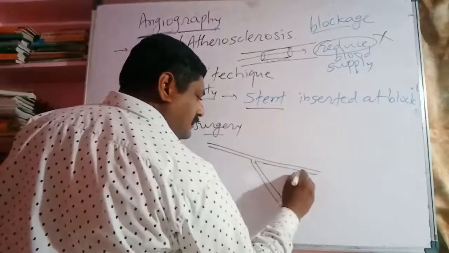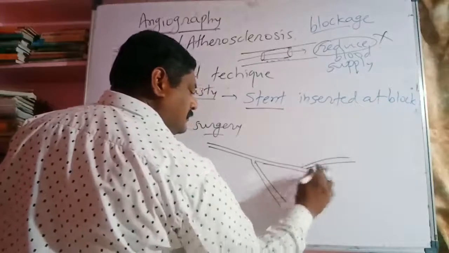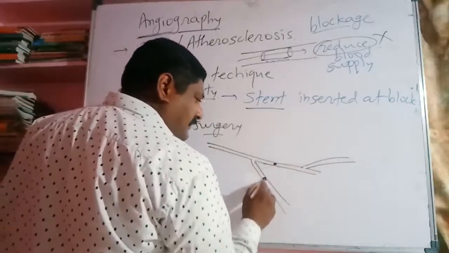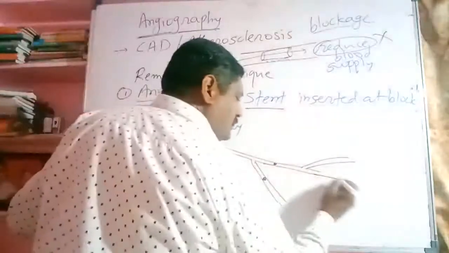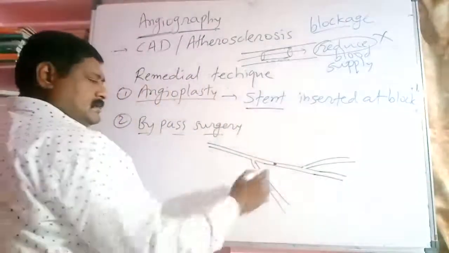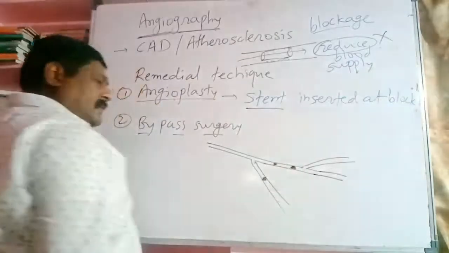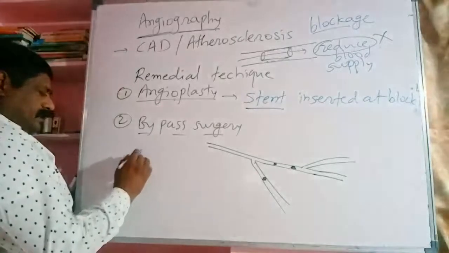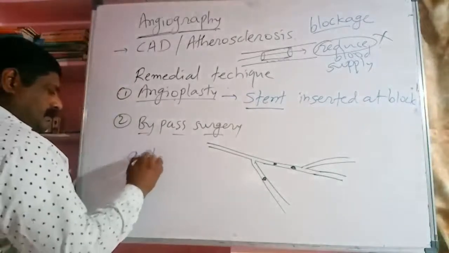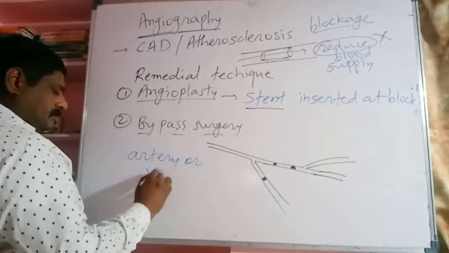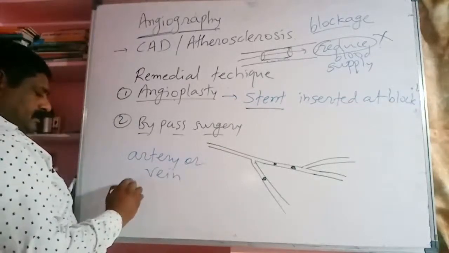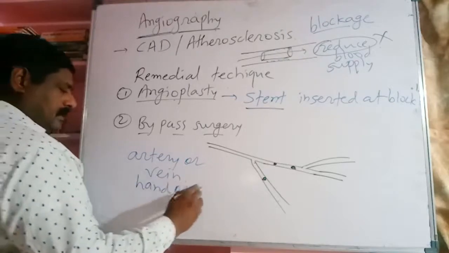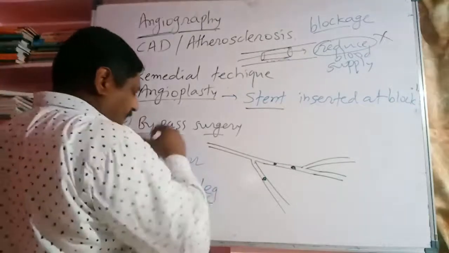If the coronary blood vessel has a blockage at a place, suppose two blockages are there or maybe one, in such cases an artery or vein from another region, particularly from the arm, the hand, or the leg, is taken.